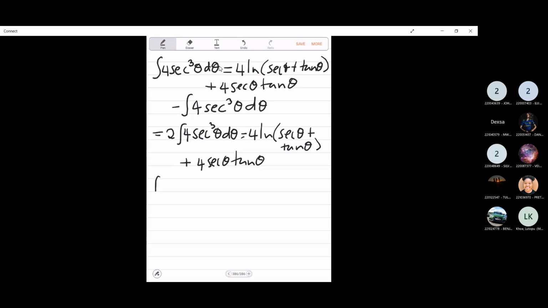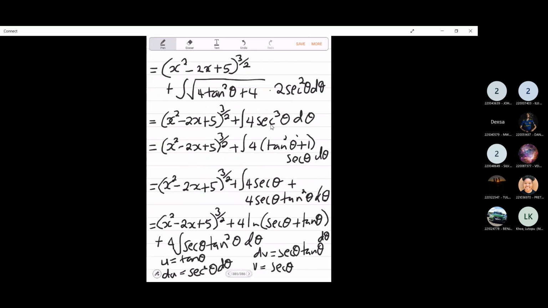So this means that 4 sec cubed theta d theta is equal to 2 ln of sec theta plus tan theta, and then 2 sec theta tan theta. Okay, so this integral here is what we were looking for over there, and then we just have to add this part over here.